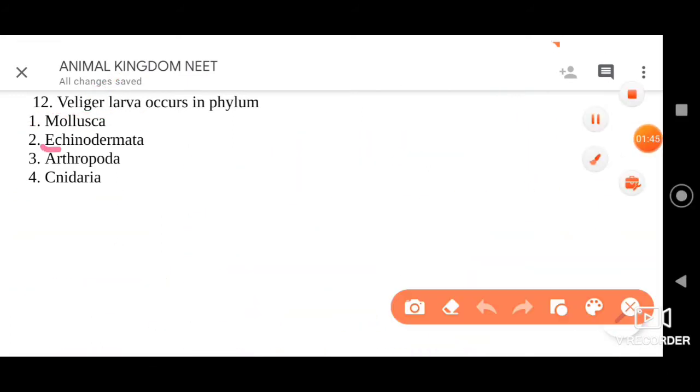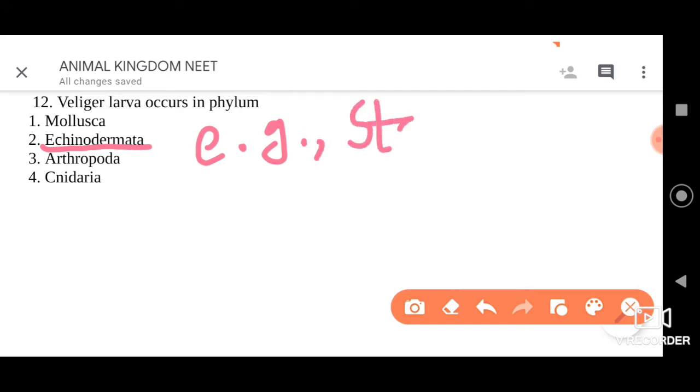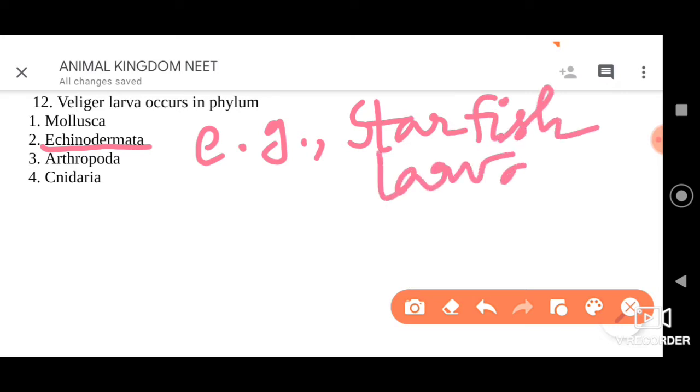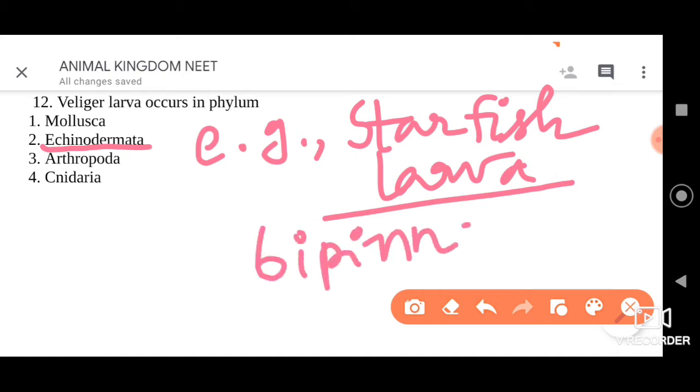In case of echinodermata, let us say for example we have starfish. Let us consider the starfish larva. That is Bipinnaria. Note down these points because these types of questions can also appear.